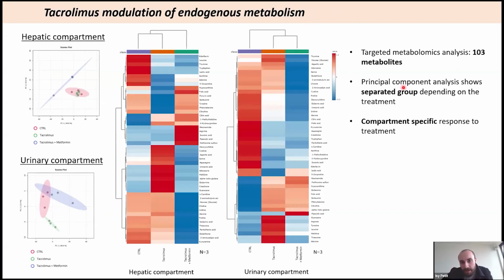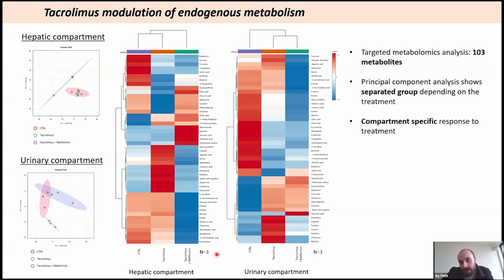And by PCA, we see that there are separated groups depending on the treatment, notably at the urinary compartment. And that's almost the case for the hepatic compartment, especially true for the tacrolimus and metformin. And there is also a compartment-specific response.